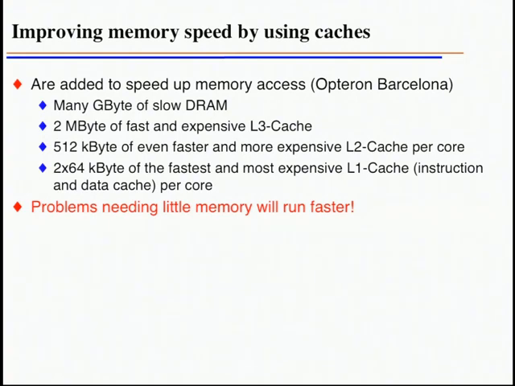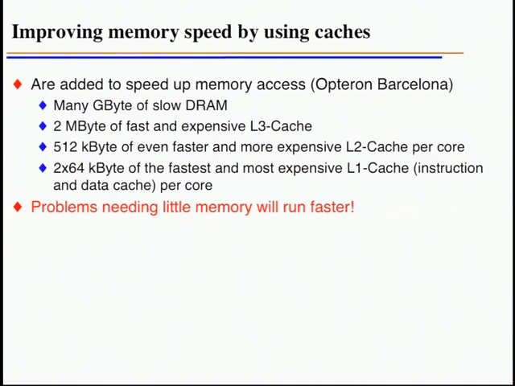So in a typical system nowadays, you have many gigabytes of this slow dynamic random access memory. Then you have, say, a few megabytes of fast and expensive level 3 cache, which is a lot faster than the DRAM, but still slower than the CPU.